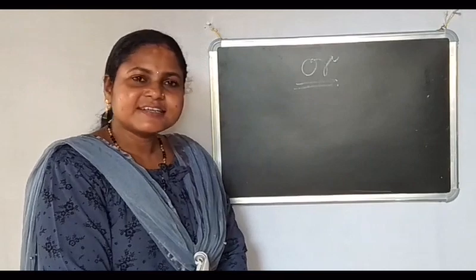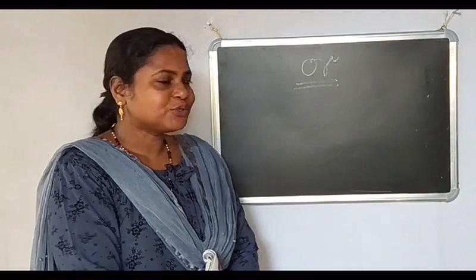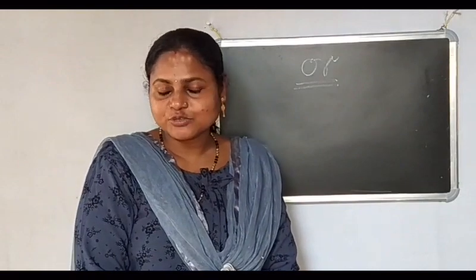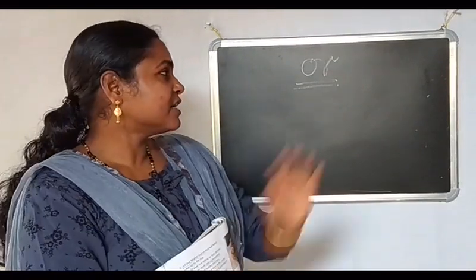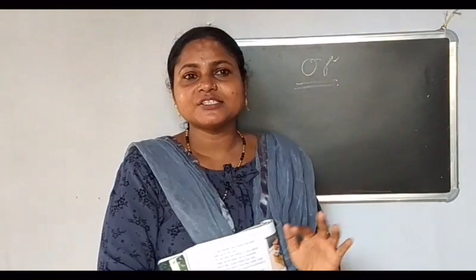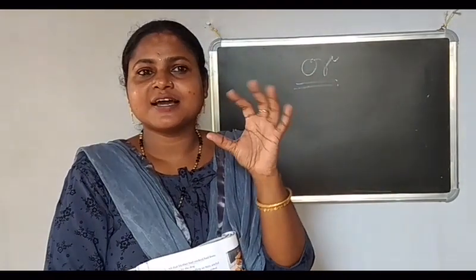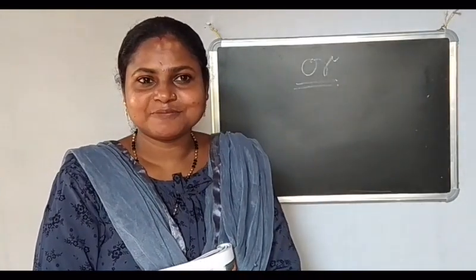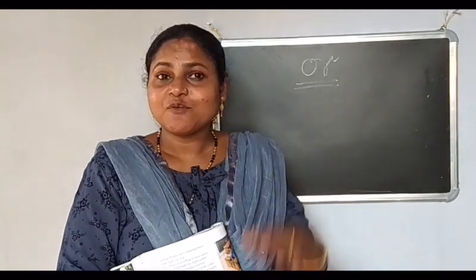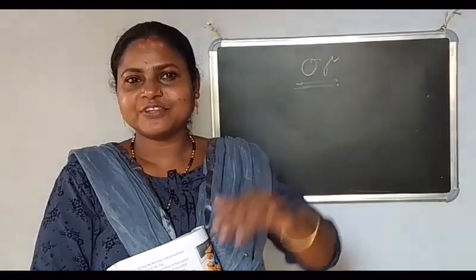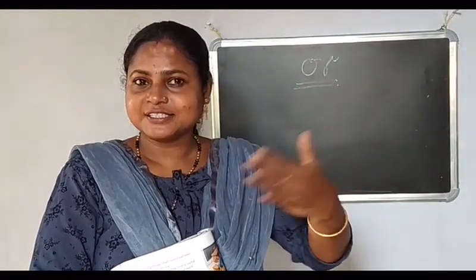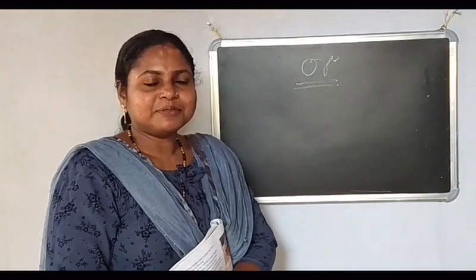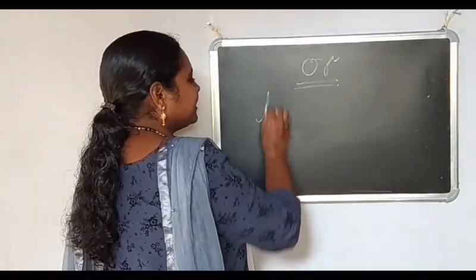Okay, the next conjunction that we are going to learn is or. This one is also very familiar to us. This conjunction or is always used for things that are said to be a choice for us. One can be a choice for the other. One can be a substitute for the other. So for example, we can say tea.